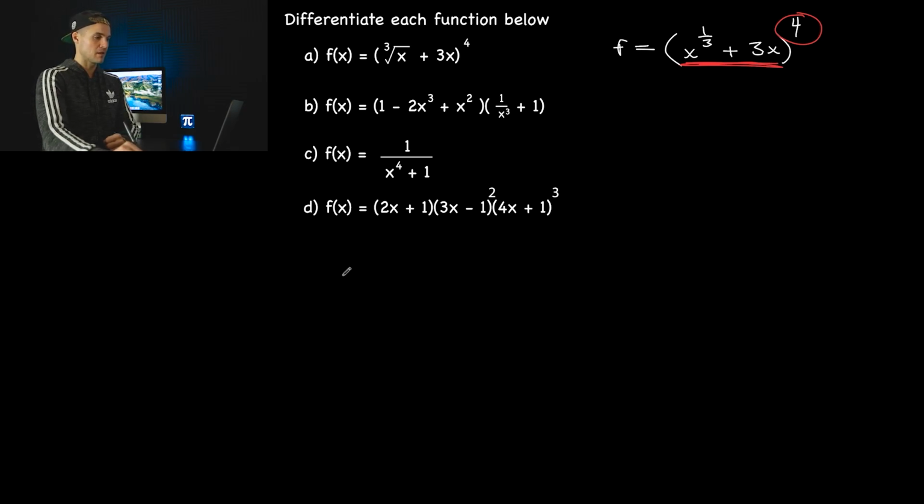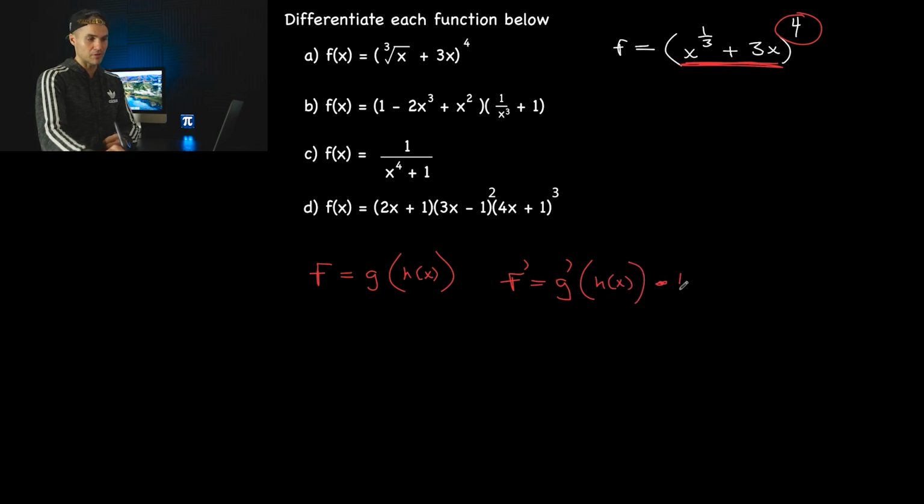If you remember, if you have an outer function and then an inner function like this, and you want to take the derivative of it, we take the derivative of the outer function first, keep the inner function the same, and then multiply by the derivative of the inner function. Applying that here, we would bring the 4 down. The 4 is the exponent of the outer function.